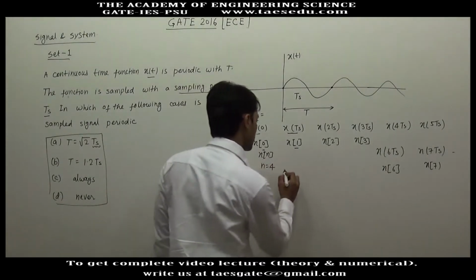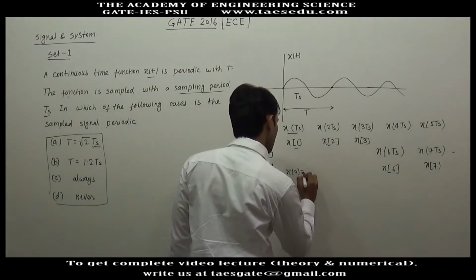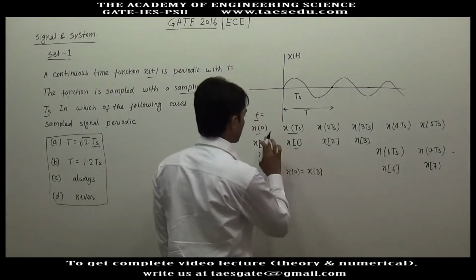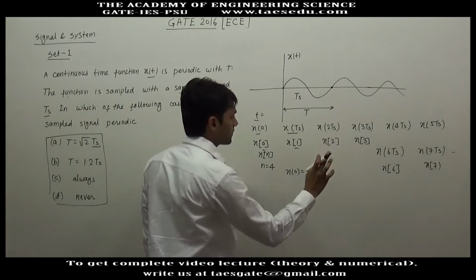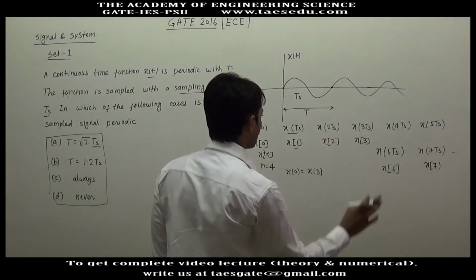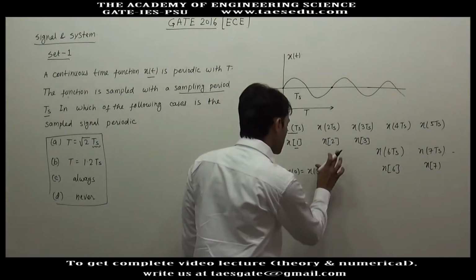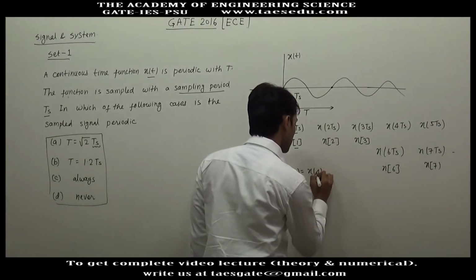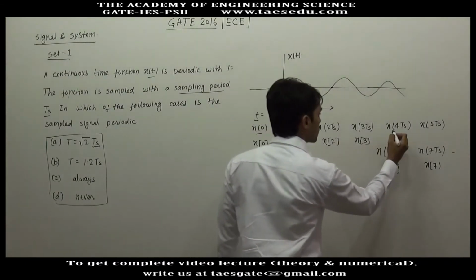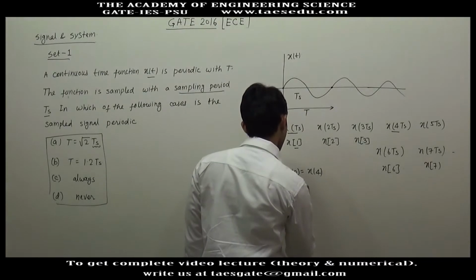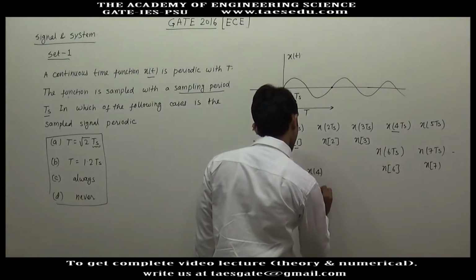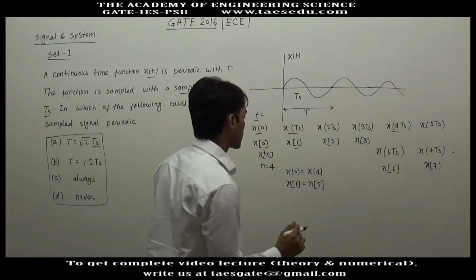So x0 is equal to x4. If it is periodic with 4, x0 has to be equal to x4. The value of x0 must be equal to x4, x1 must be equal to x5, and so on.